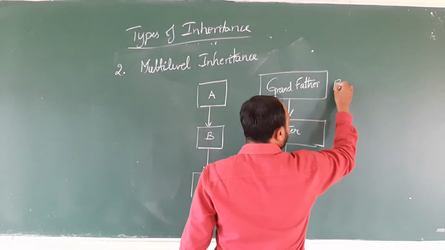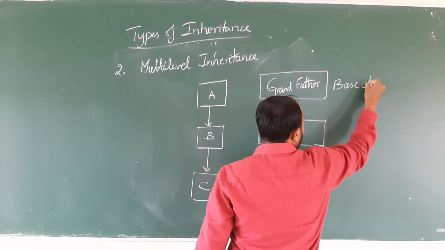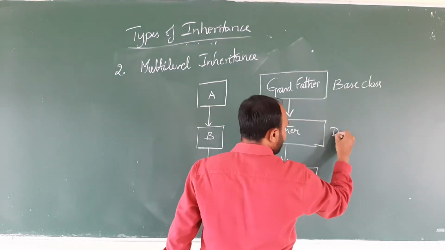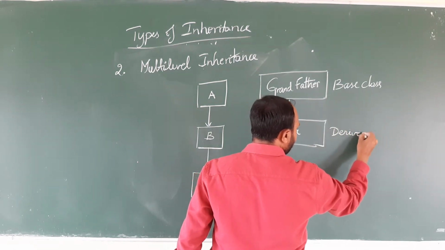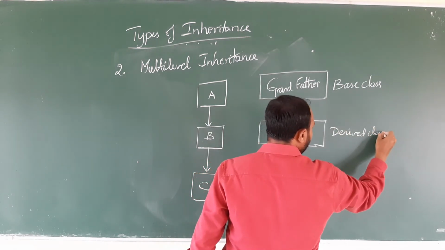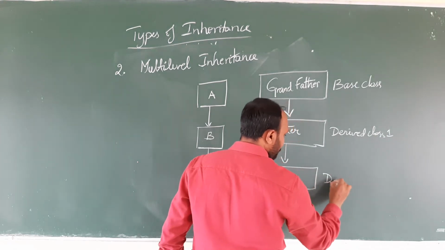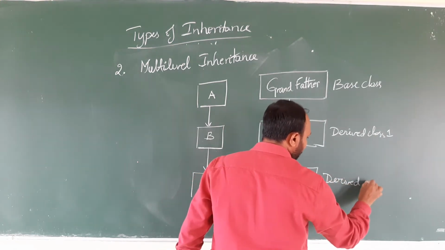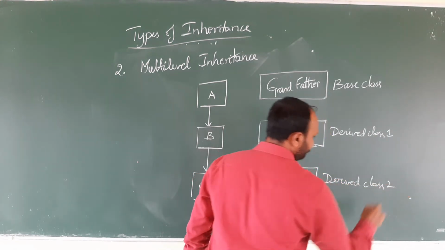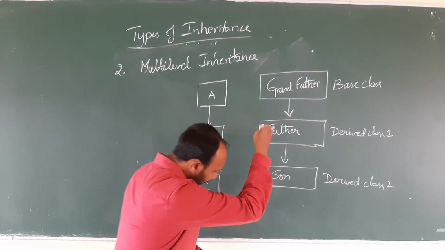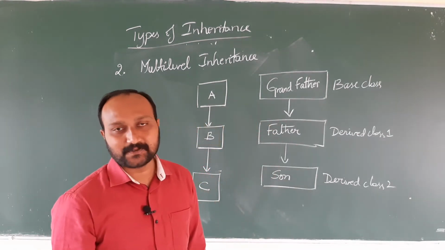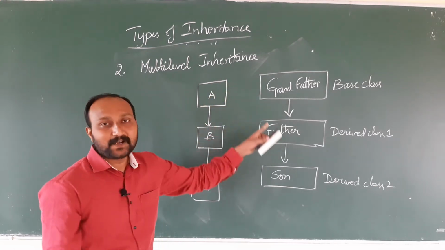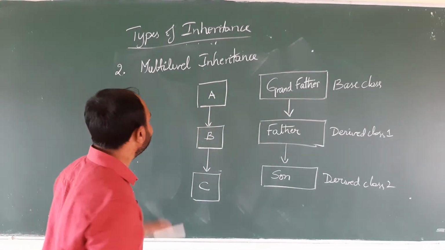So, this is the base class, this is derived class 1, this is derived class 2. Okay. If you want, you can further continue the inheritance process. So, this is referred to as multi-level inheritance.